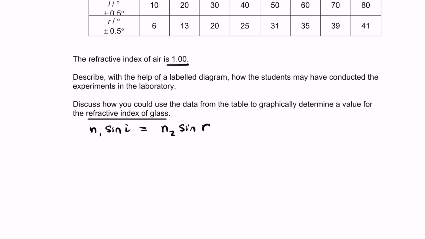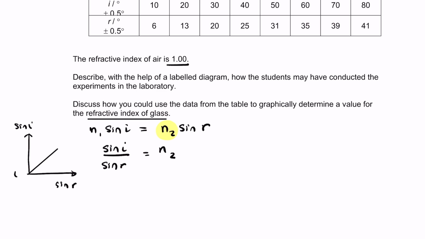If I want to work out the refractive index of glass, I can simply rearrange to say it's sine I over sine R. Therefore, I'm going to have to draw a graph of sine I versus sine R. Basically it would be a straight line passing through the origin, or I could start from 10 degrees over here, etc. I would end up getting the gradient as my refractive index of the glass.